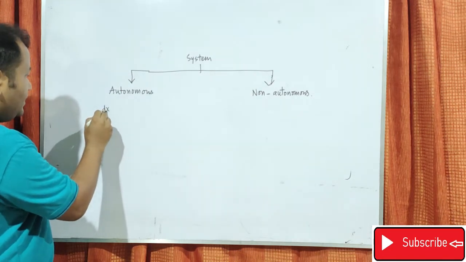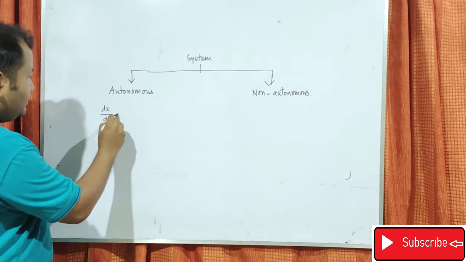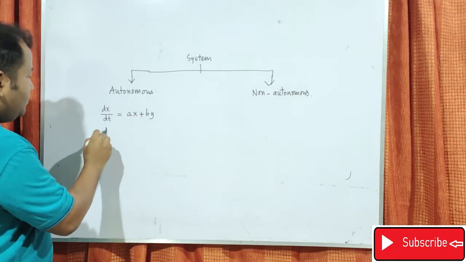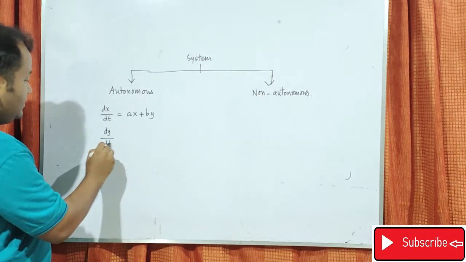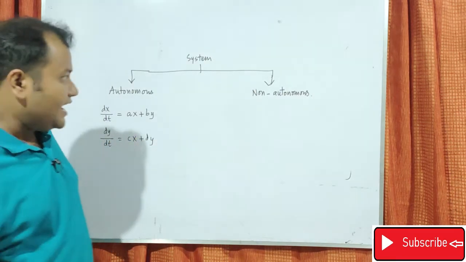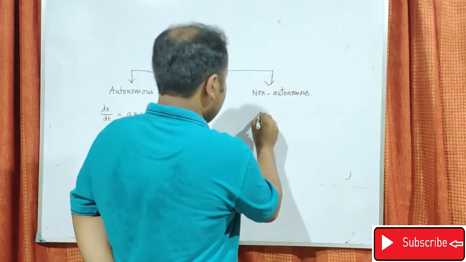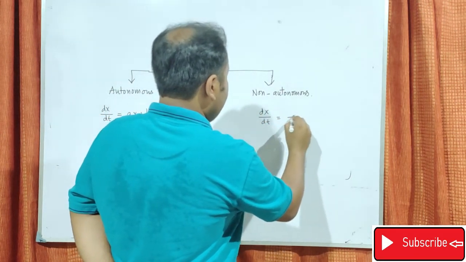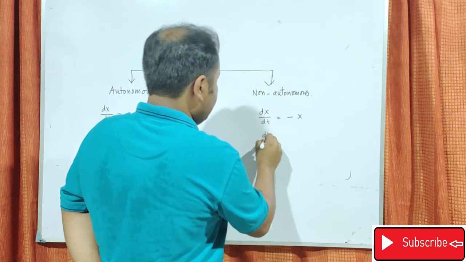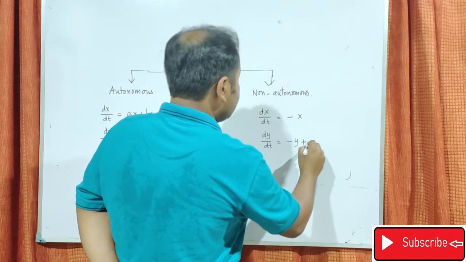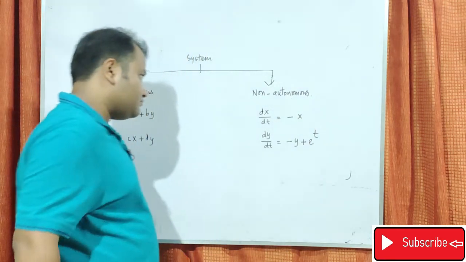Say dx dt equals ax plus by, dy dt equals cx plus dy. And here I am giving another example. Say dx dt equals minus x and dy dt equals minus y plus e to the power t.